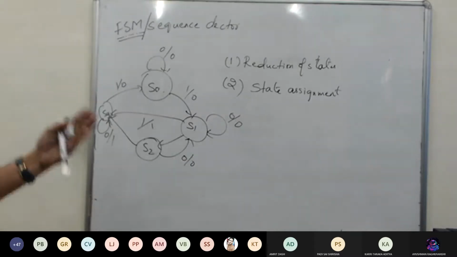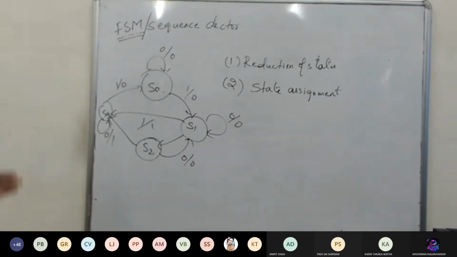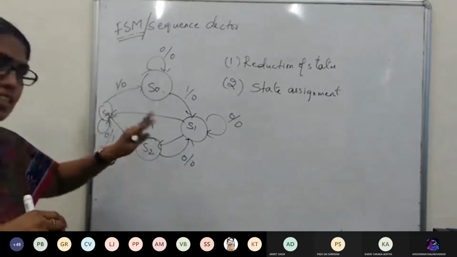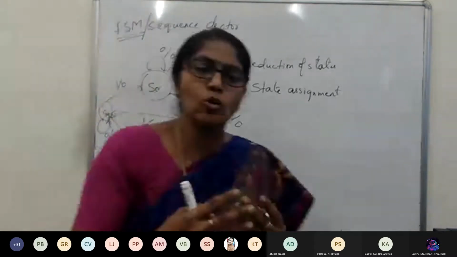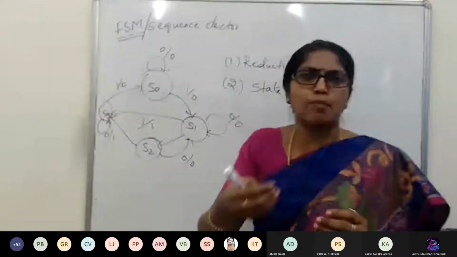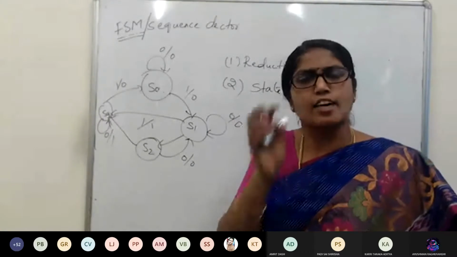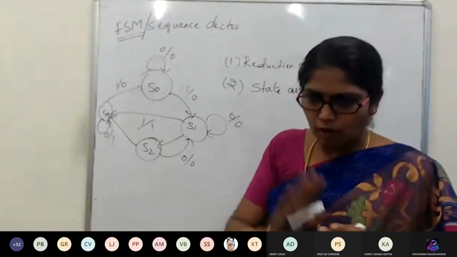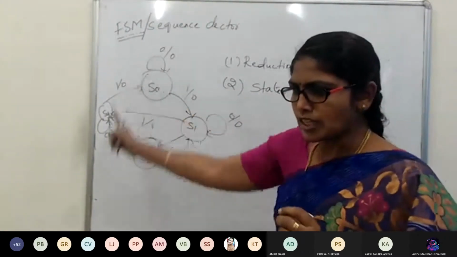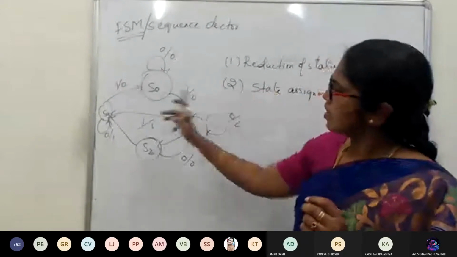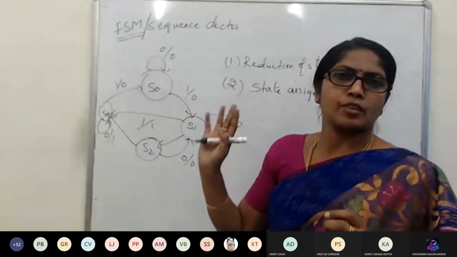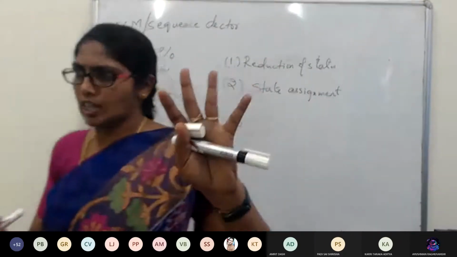But we don't know what exactly they stand for. Once the state graph is ready, I really don't know how many binary variables have to be assigned for a particular state. Now, just hold on. If you see this example, how many states are there? 1, 2, 3, 4. So there are 4 states.